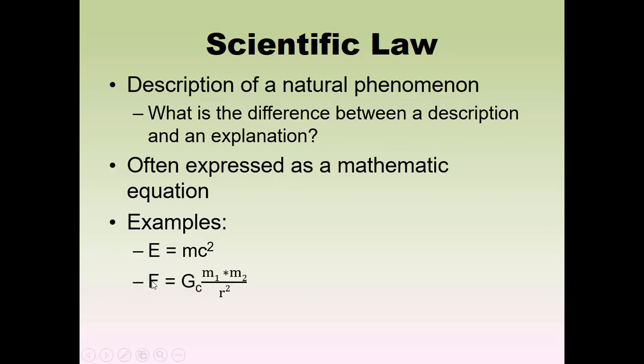The force of gravity is equal to the gravitational constant multiplied by the product of the masses of the two objects involved, divided by the radius squared, the distance between them. So using the law of gravity, we could determine the gravitational attraction between you and any other object in the known universe as long as we know your relative masses and the distance between you. So these are scientific laws.